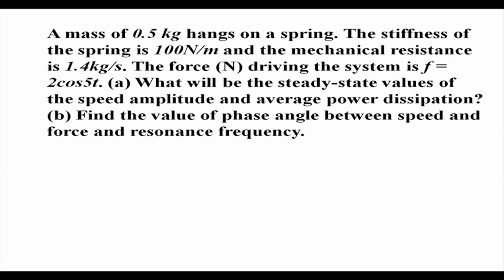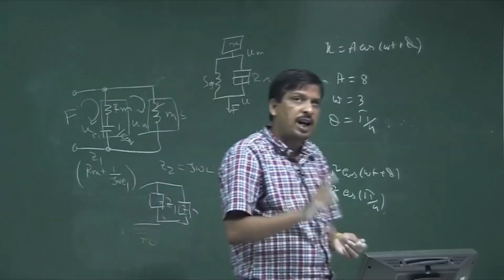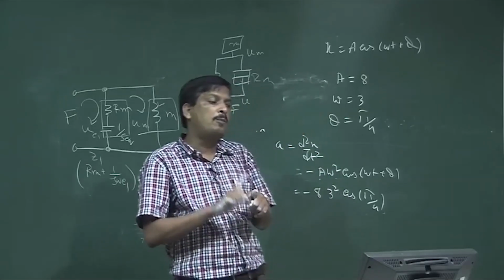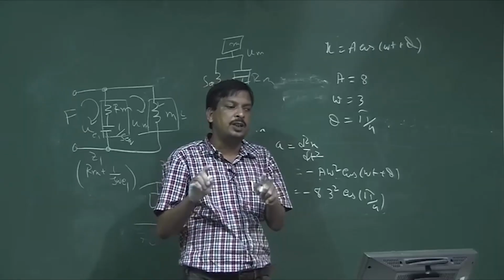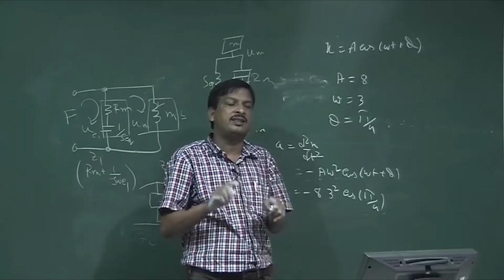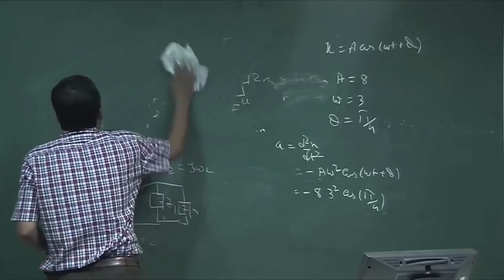Find the value of the phase angle between the speed and force, and the resonance frequency. So, let us carefully read it: a mass of 0.5 kg hanging on a spring, the stiffness of the spring is given, the mechanical resistance is given. So, first draw the mechanical circuit.